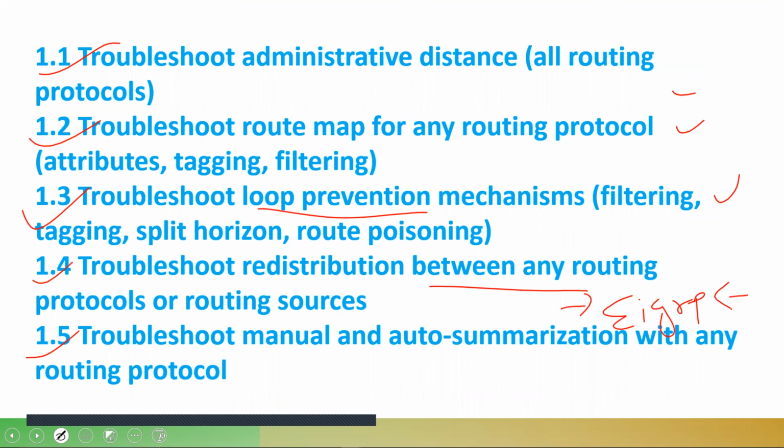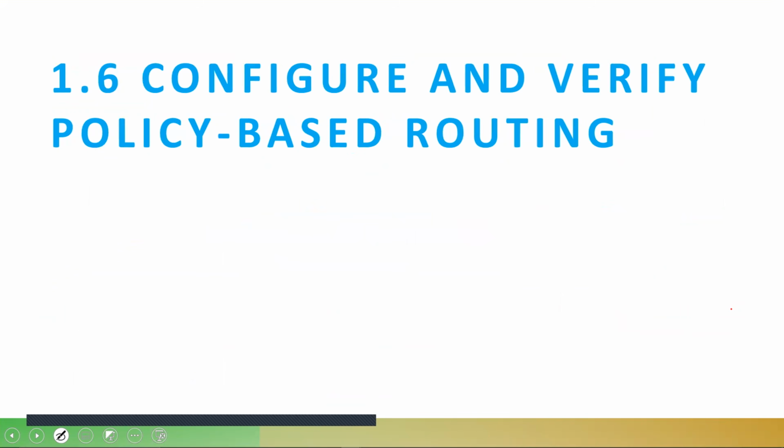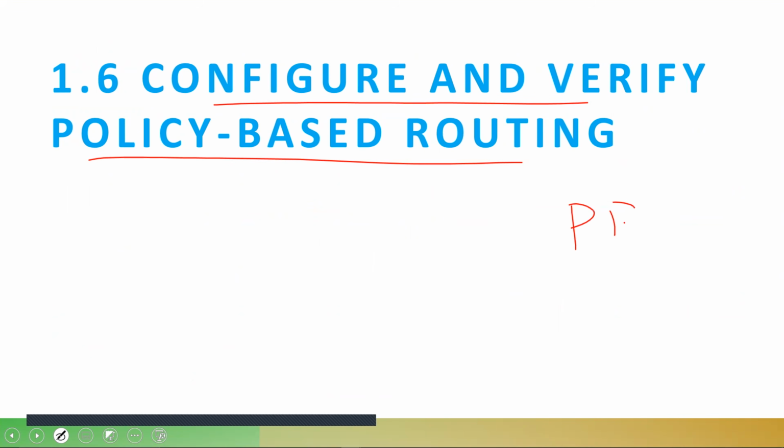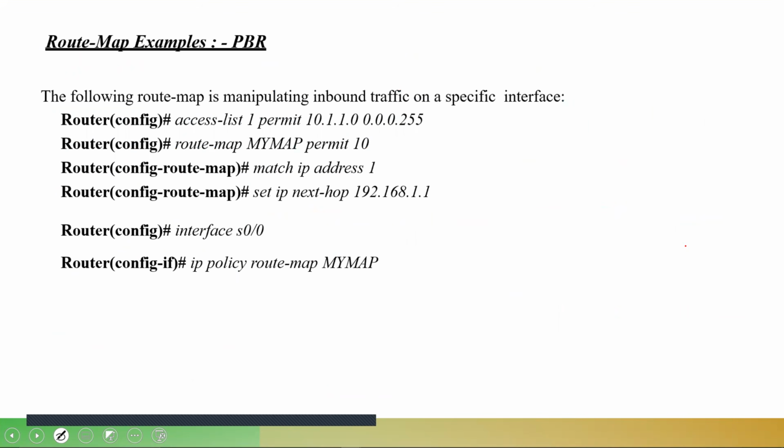Now, once we complete section 1.1 up to 1.5, then we have section 1.6, where we have to configure and verify policy-based routing, PBR, correct? We have learned in route maps that we have one specific use case: with respect to route map policy, we can create PBR policies as well. That I'm going to show you in this particular section.